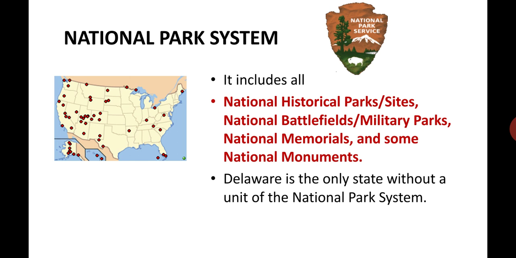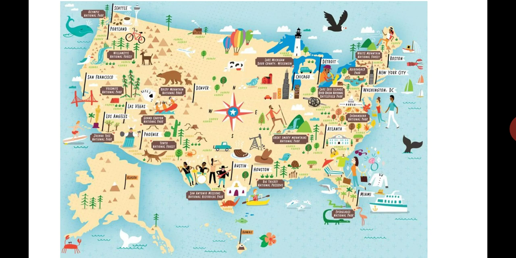So, looking at the map, you can see that there are a great number of national parks of different kinds, and it is really unique that only one state doesn't have anything from the national park system. And on this map of the USA, you can see the names of some of the national parks.